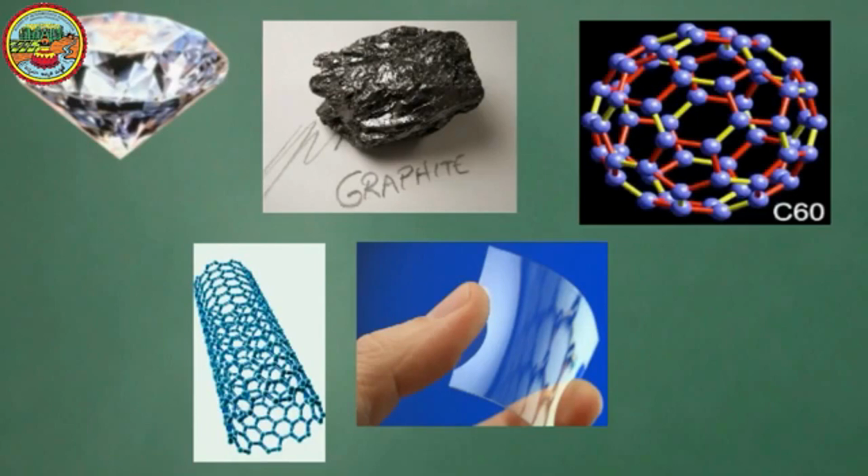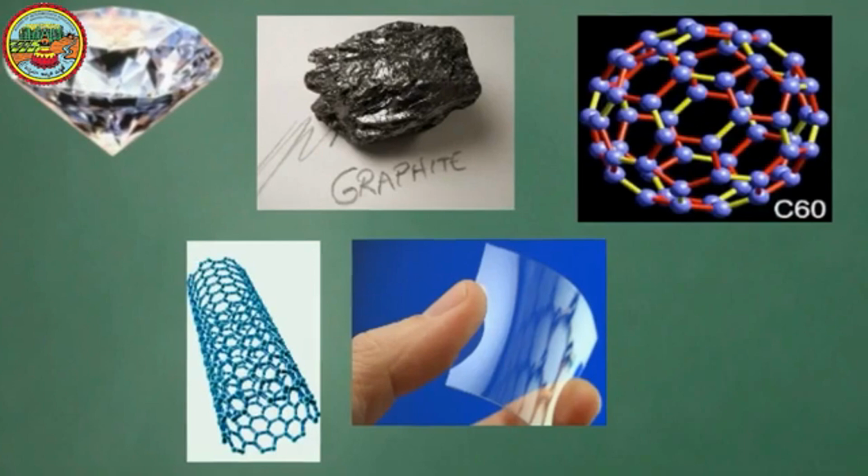These are claimed as different because they appear in different ways, but chemically speaking, all these substances are the same because in all of them we have only one element, that is carbon.